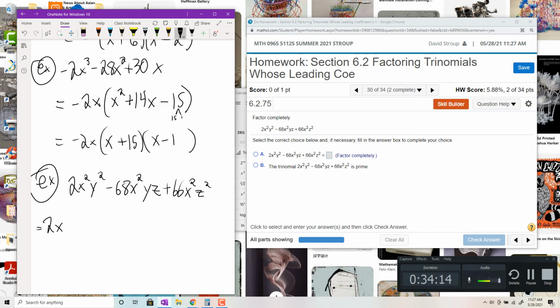Make sure you use equal signs to connect everything. So I can factor out 2x squared. I'm left with y squared minus 34yz, and then plus 33z squared. Okay. So this will be 2x squared, and this is a minus minus.